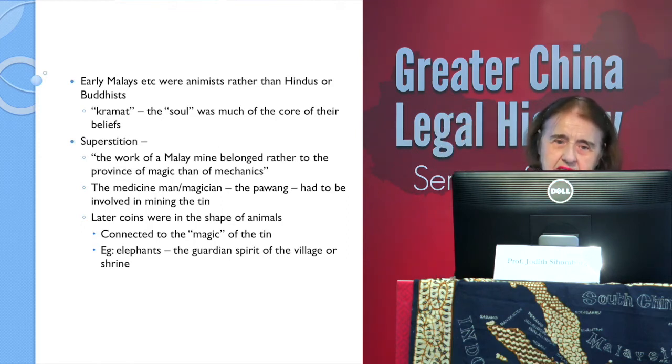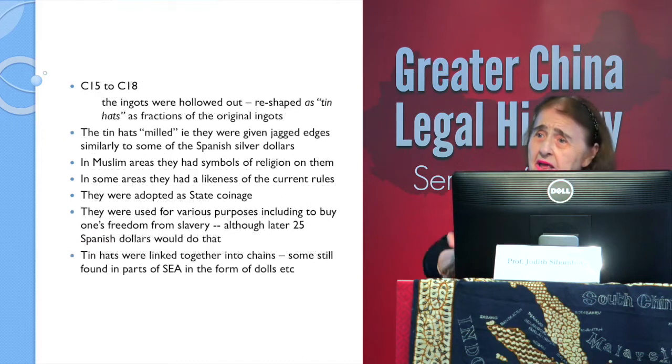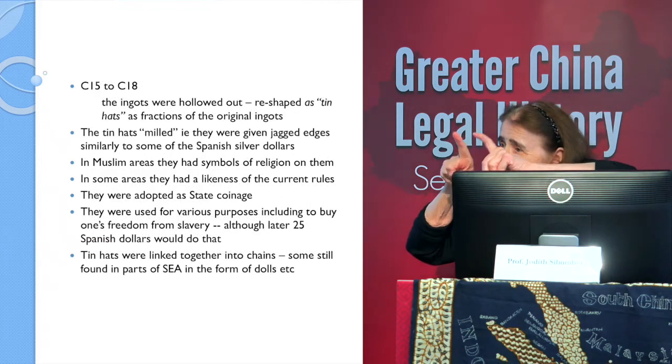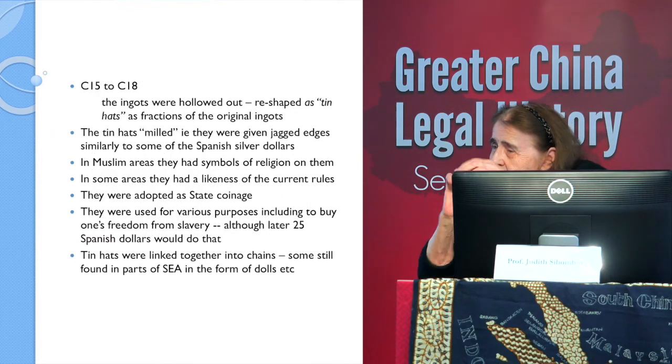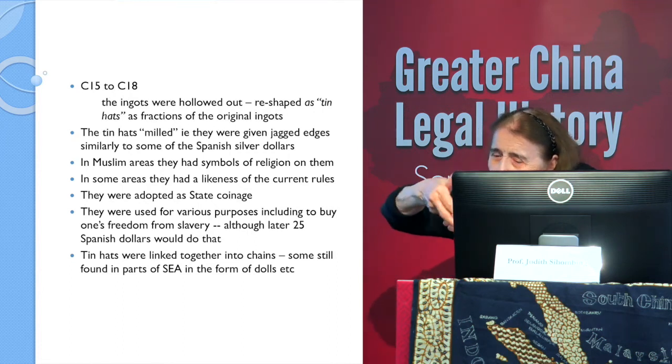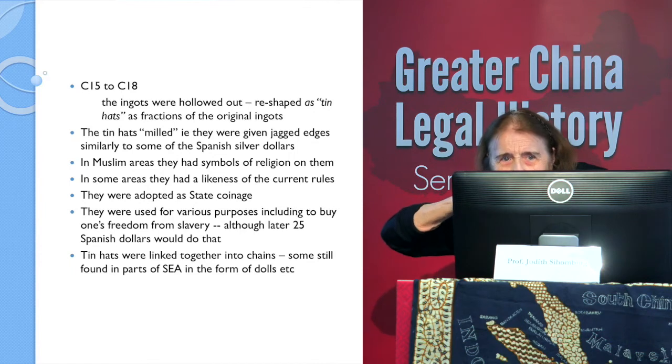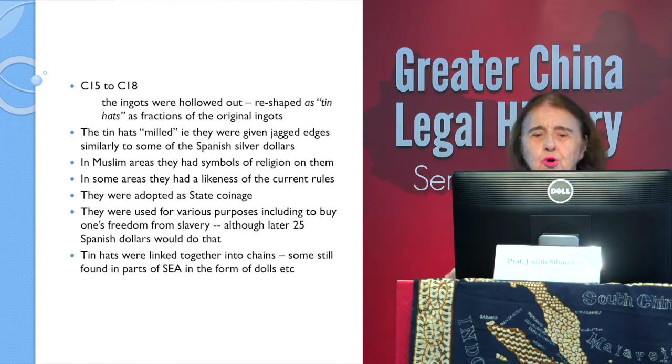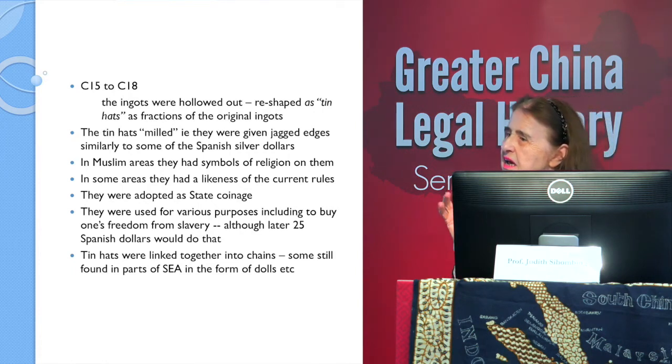And then, 15th to 18th century, the ingots, these little pagodas of tin, are hollowed out. And round the edges, you put a little ridge around. This is called milling, and it means jaggering the edges so that you can't fake the coins.